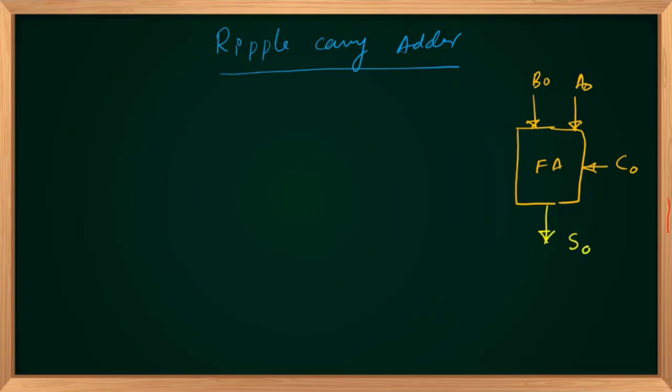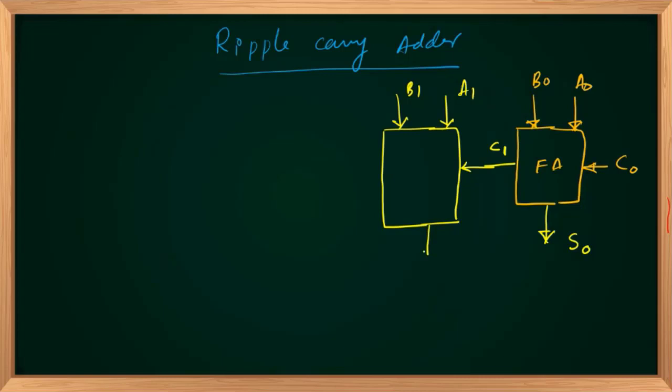Sum output, I am calling it S0, and a carry out, I am calling it C1. That is connected to the second full adder corresponding to the second digit. I'm calling my second digits A1, B1, and this acts as a carry in for the second stage.